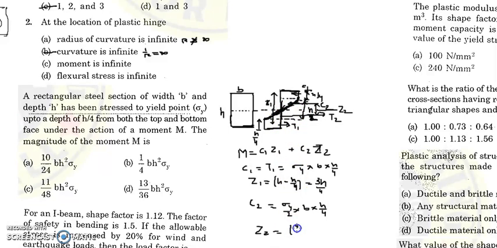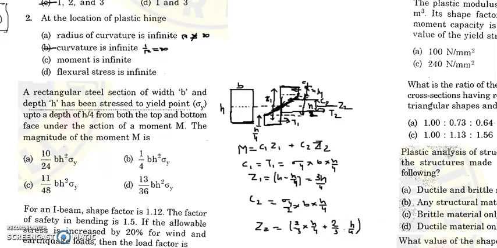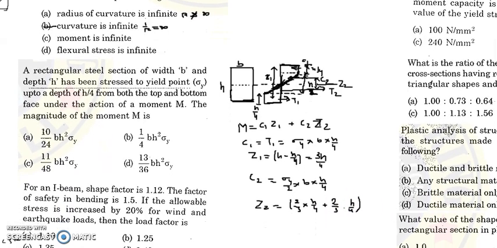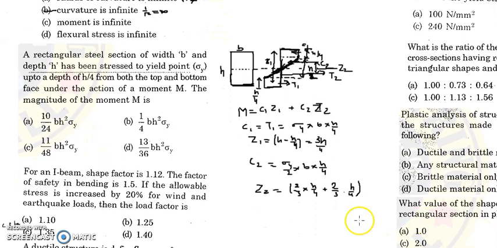So it is 2/3 of h by 4 plus 2/3 of h by 4, which gives 2 times 4h over 3 into 4. So 4 gets cancelled, and I get h by 3.